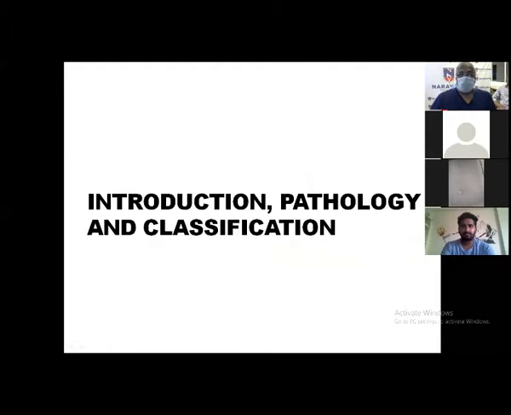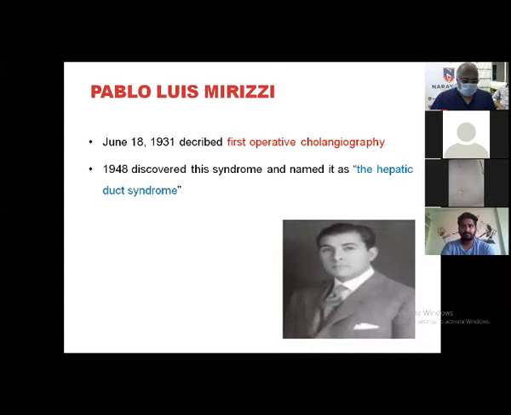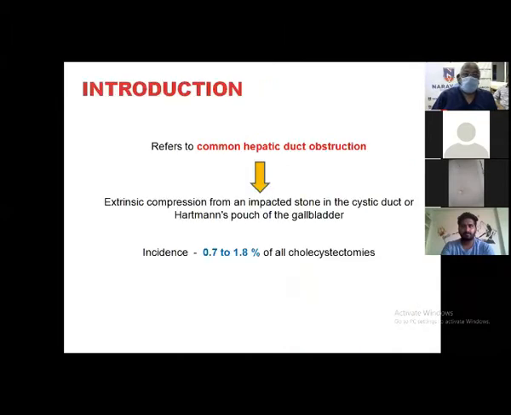Introduction, pathology and classification. Way back in 1931, the first operative cholangiography was done by Pablo Luis Mirizzi, and he discovered the syndrome 17 years later. He called it the hepatic duct syndrome. It refers to common hepatic duct obstruction.